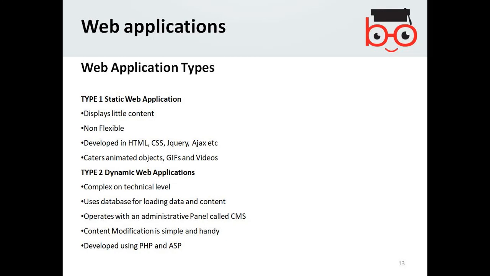For example, when you type hotmail.co.uk, the page you look at for your emails would be different from mine, because my page would be dynamically generated and contain the emails of my own account. So that's the difference between the dynamic web page and the static web page.